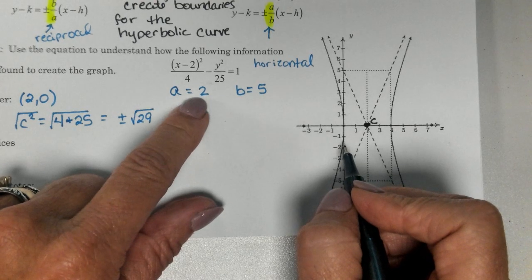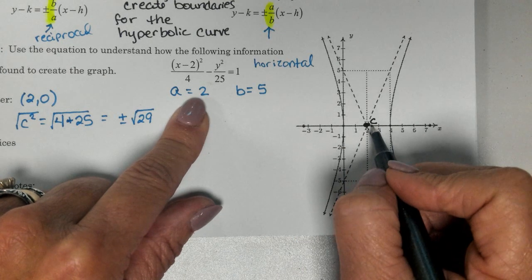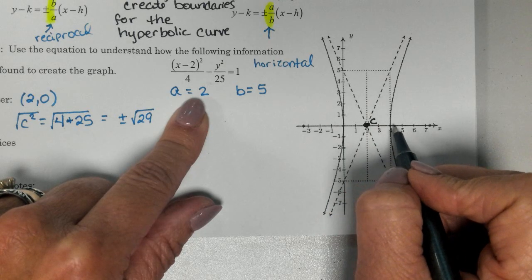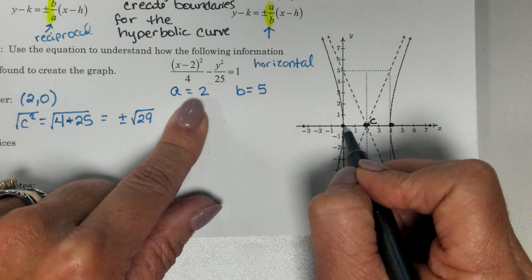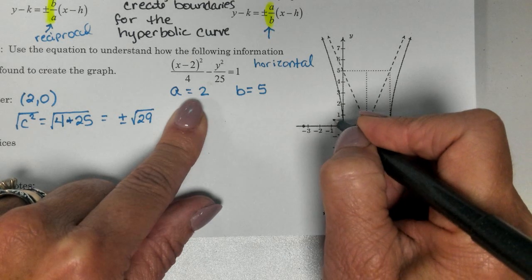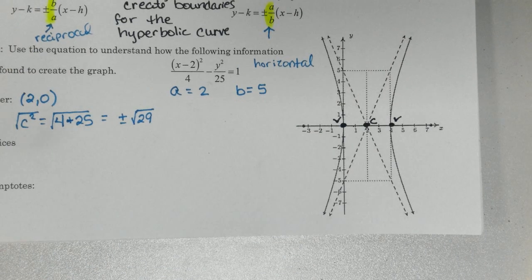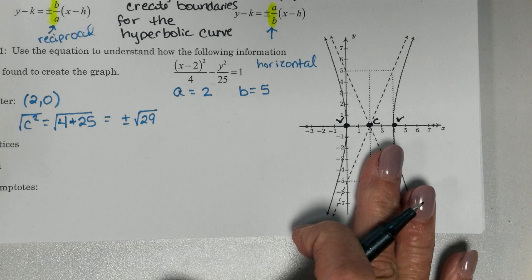I'm going to move 2 from my center to get to my vertex. 1, 2 to the right, 1, 2 to the left. Vertex, vertex.